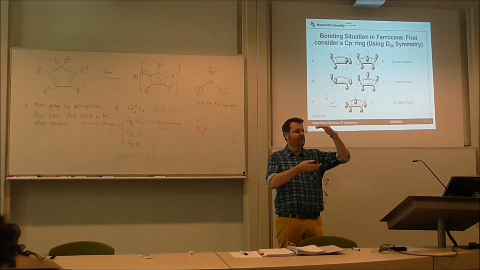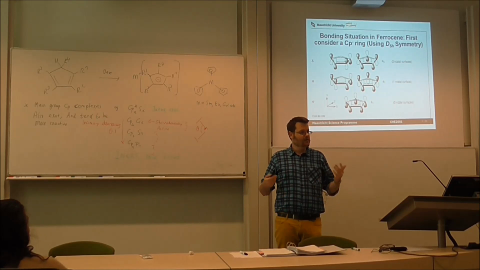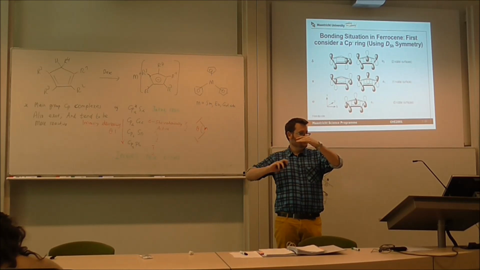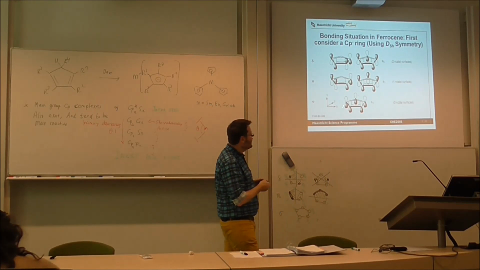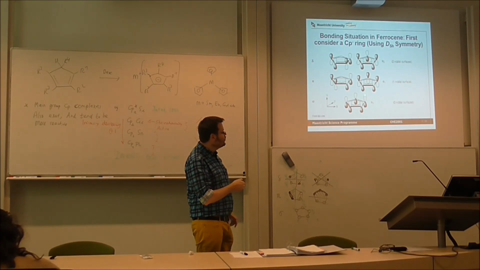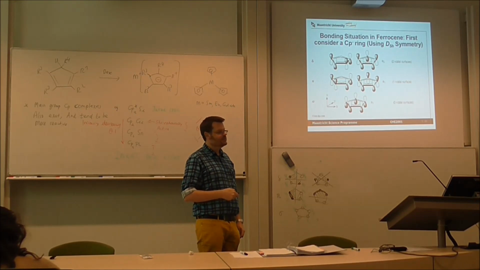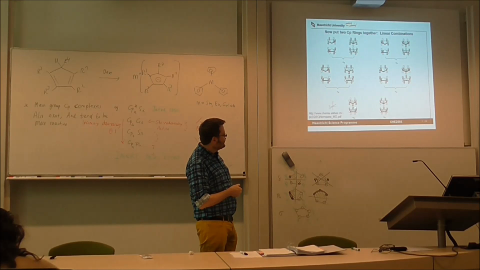In other words, phi 1 plus phi 1. Or I can combine them in a way that they're pointing in opposite directions, phi 1 minus phi 1. I'm talking about the phases. In other words, I can have 2 ways of putting 2 of these together. And that's what they look like.